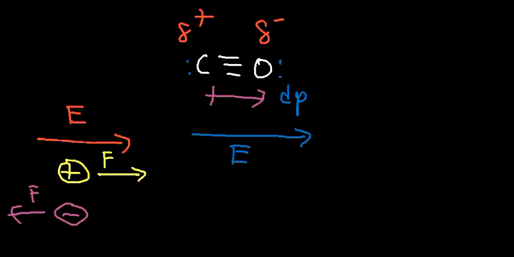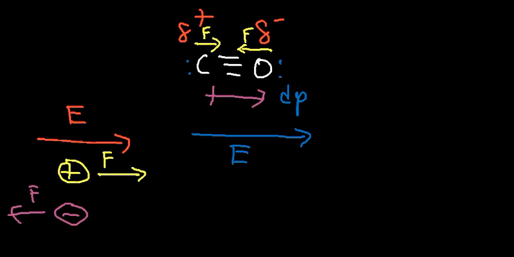What would you say? Well, the carbon is partially positive. So, like any positive charge, it's going to feel a force that's going to accelerate it in the direction of the electric field, so it's going to go to the right. Oxygen, which has a partial negative charge, will feel a force that will direct it towards the left, opposite to the electric field. So as you can see, these 2 atoms are going toward each other.